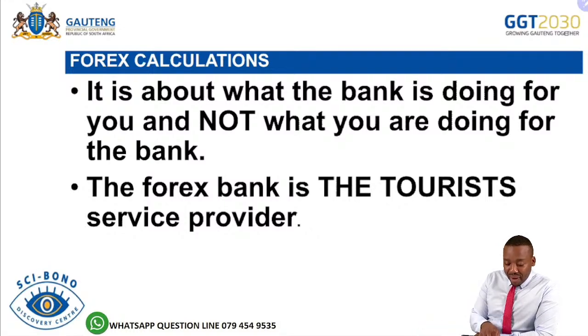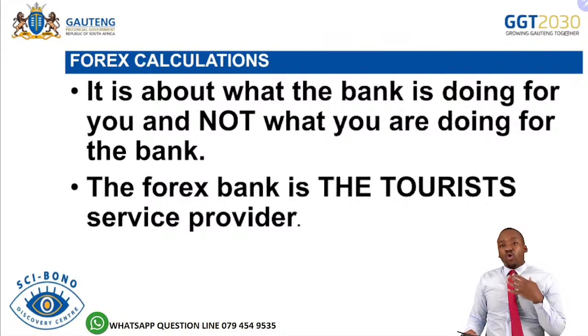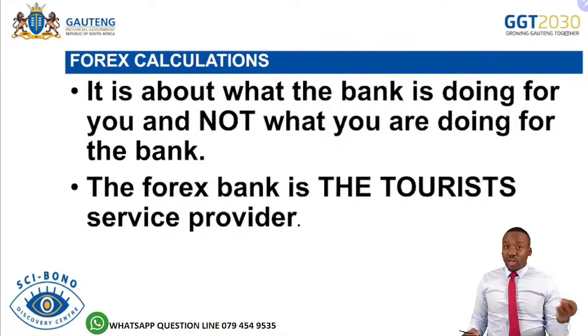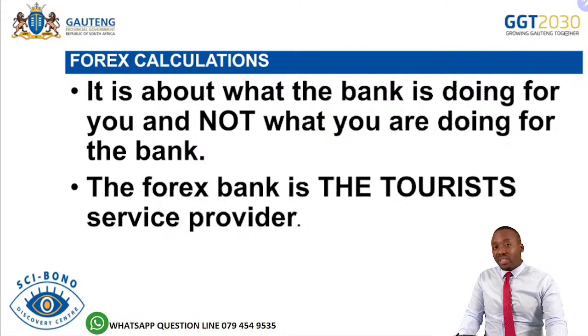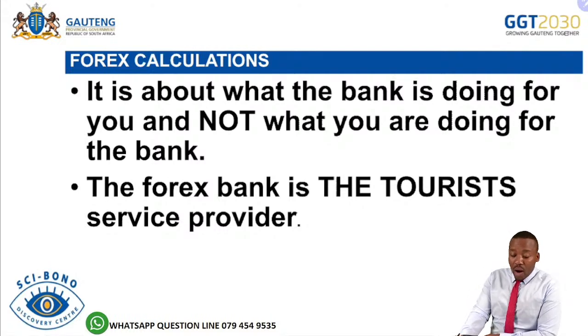The Forex bank, it is the tourist service provider, right? The Forex bank, it is what? The tourist service provider, meaning they are the ones who are going to be providing this service to the tourist. Which service? The exchange of the currency. Remember, not everyone is permitted to do what? Foreign exchange.